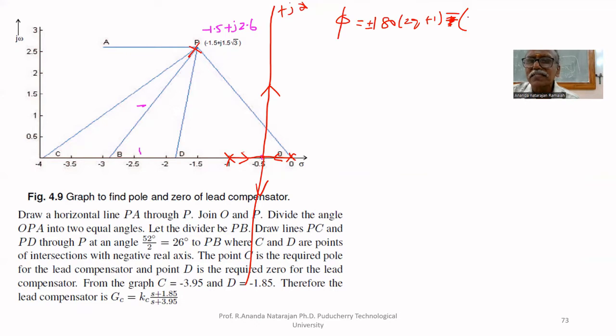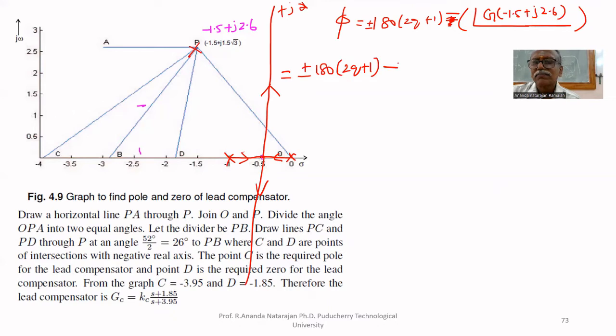Let us subtract. Minus the angle of G of minus 1.5 plus j 2.6. Angle of that is equal to plus or minus 180 (2q plus 1) minus, what is the angle made by this?